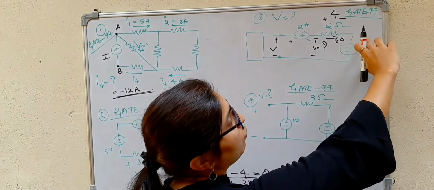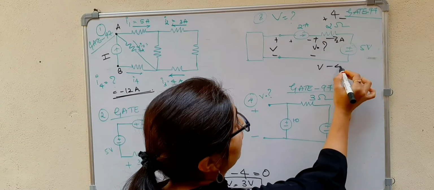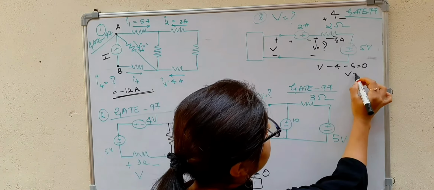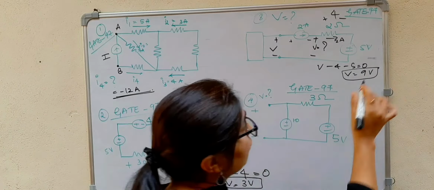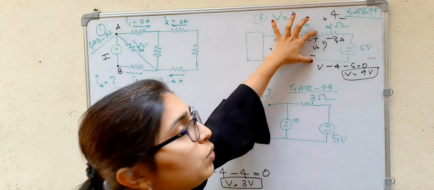Here we have 5 volts. So we would get V minus 4 minus 5 is equal to 0, so V is equal to 9 volts. That was if they had asked the voltage across these 2 terminals.